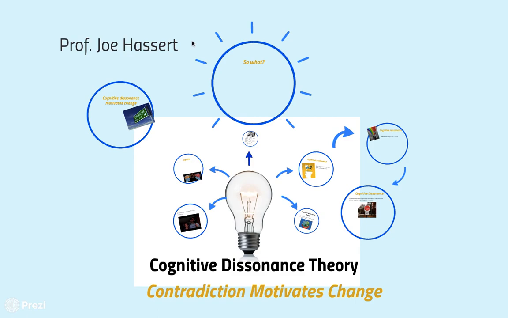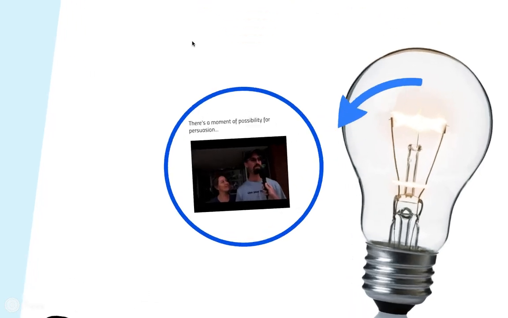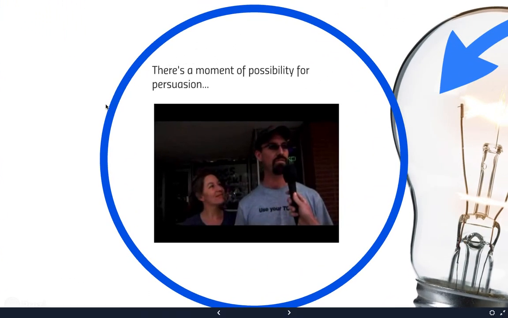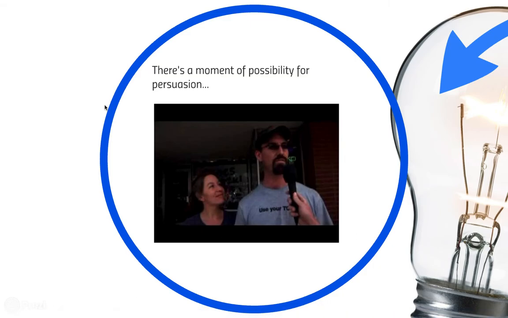When things conflict, when our ideas contradict one another or our behavior contradicts our ideas, there's a moment of possibility for change. And from the point of view of this class, we might say there's a moment of possibility for persuasion.